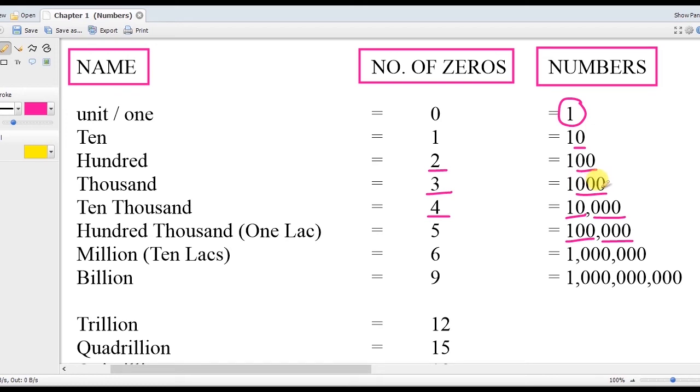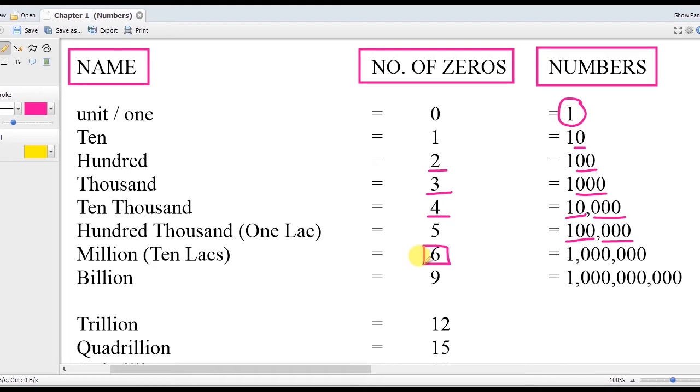There is no need to write 1 again, since we have already written 1 at the start. So this is 100,000, and in total we have 5 zeros. And in a million we have 6 zeros.